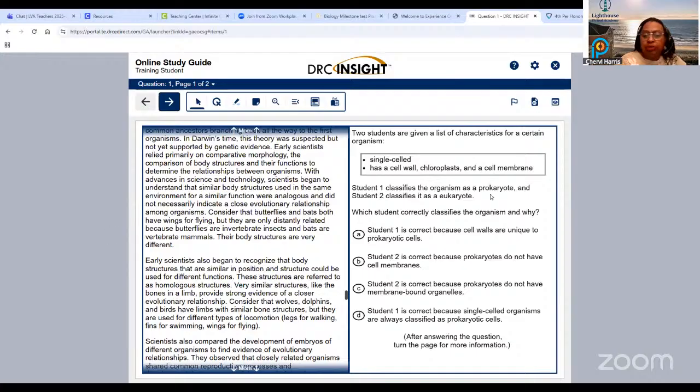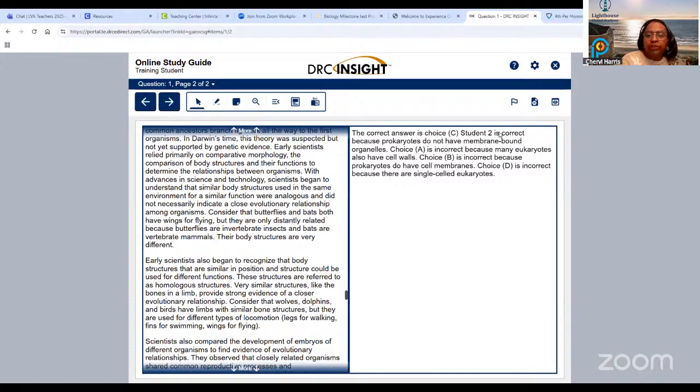As you go through these questions, if there is a question that you still don't understand, please point it out and I will try to give it more explanation. The question is there, and then when you go to the next page, it tells you what the correct answer is, and why it is the correct answer, and then why the others are incorrect.